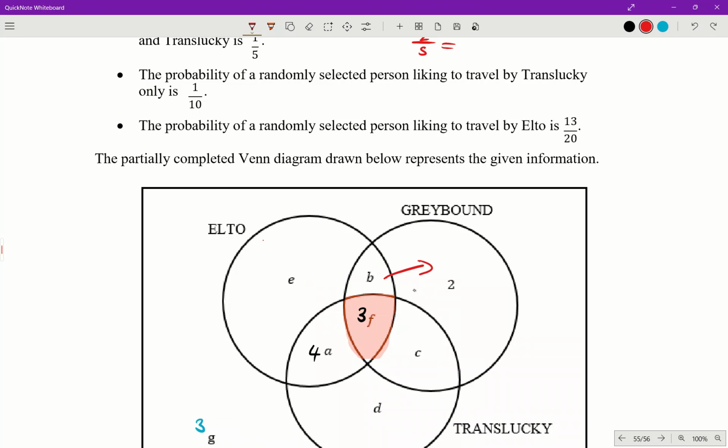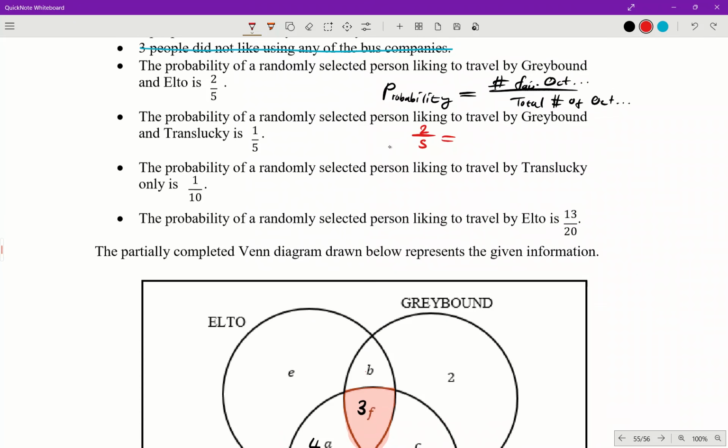You're not going to focus on this one for now because we're only talking about the probability of these two circles, focusing on the events. That's why it has to be the number of favorable outcomes. Your favorable outcome is L2 and grain bound. So now it's going to be A plus F. What is the denominator part?